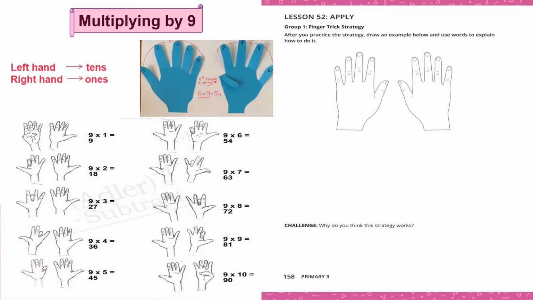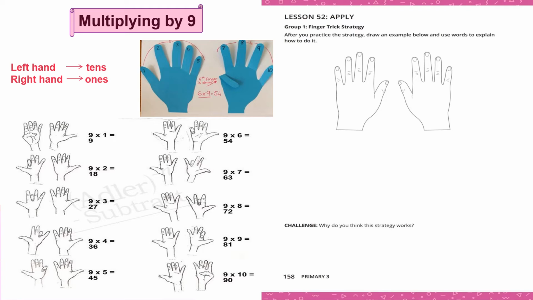No, I don't have. So, the tens here is absent. And how many fingers on the right side? Yes, 9 fingers. And we said before, the right side means ones home. So here I have 9 in ones, equals 9. So the result will be 9.